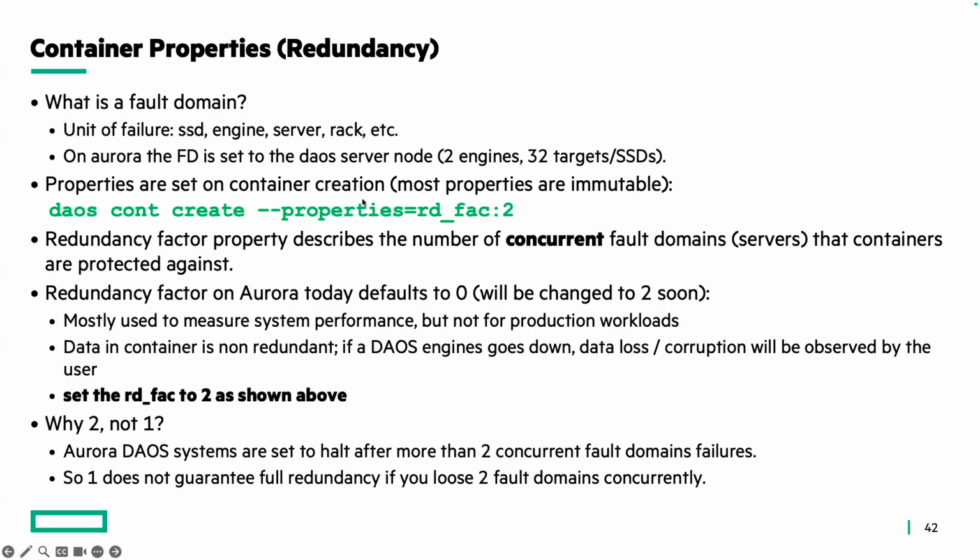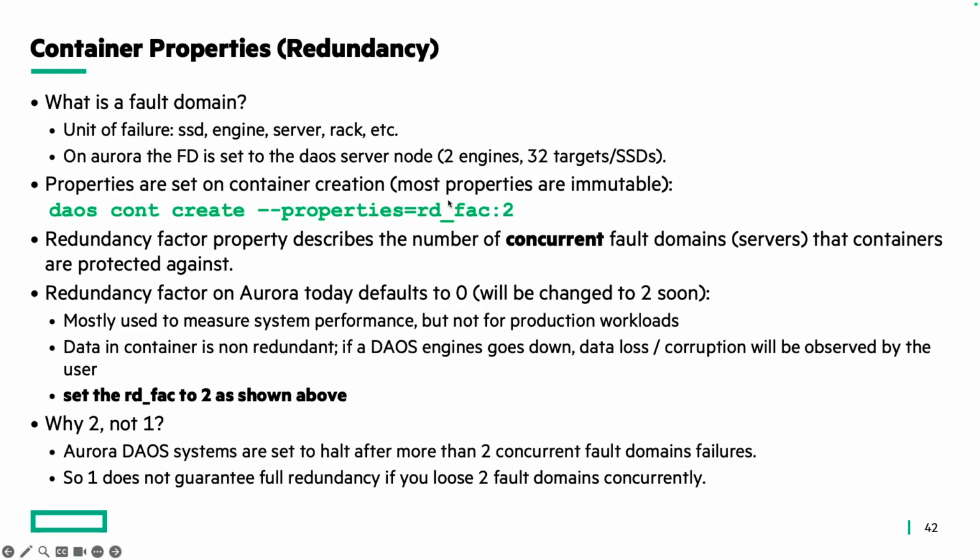So we recommend that you always set the RDFAC property to 2, the redundancy factor. For newly created pools, we changed it so that containers inherit from the pool. So it depends on when your pool was created whether you need to set this property. But for now, to be safe, always add this RDFAC2 property.